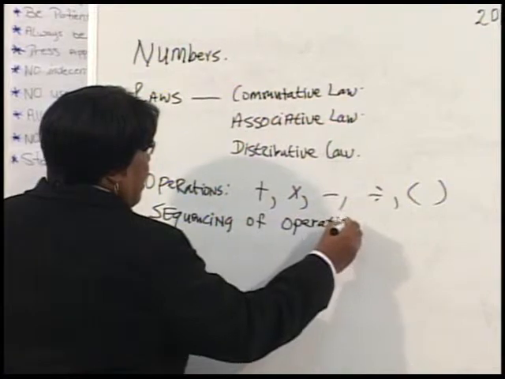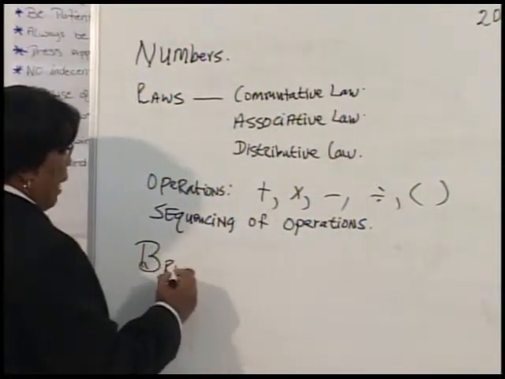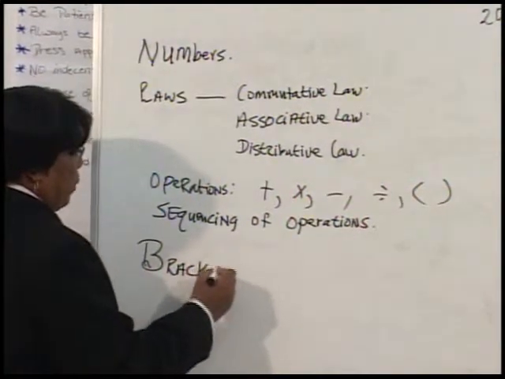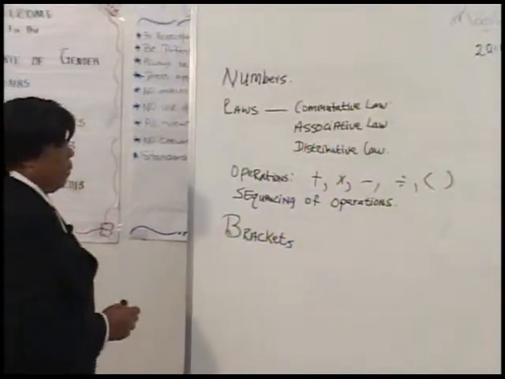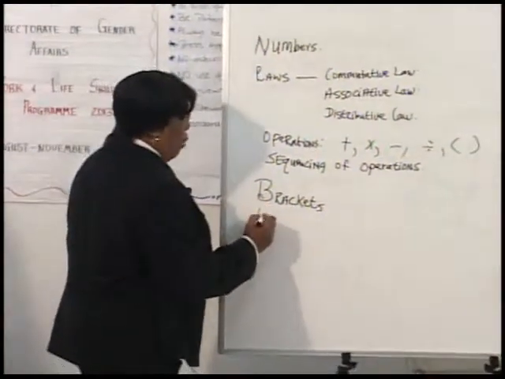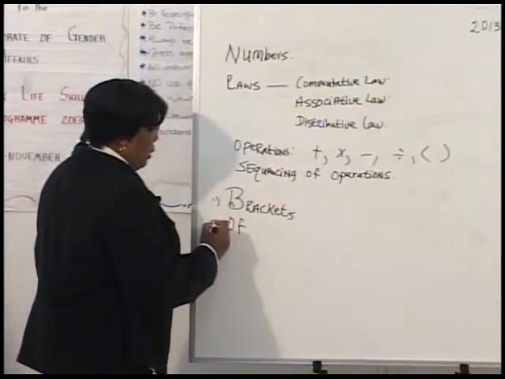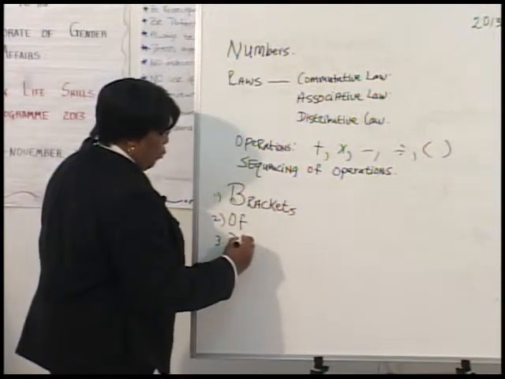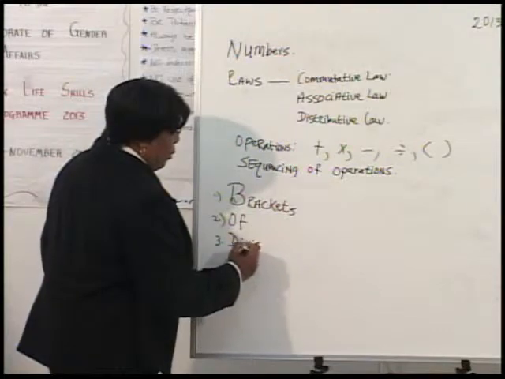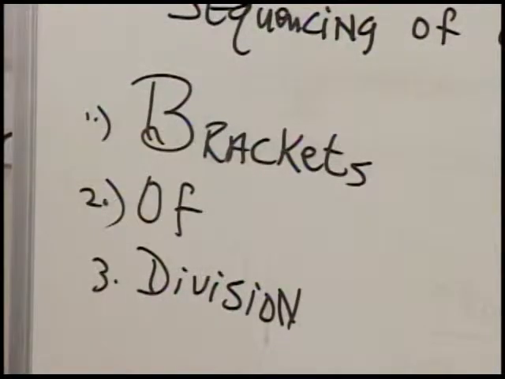So the first one we'd be doing is brackets. Anywhere in the sum we see the brackets, that is worked first. And after the bracket, if that sum has the word of, that is our next one. And then after that, there is a fight here, but I'm going to write that we do our division first, because we have got to turn the division into a multiplication before we can work it.